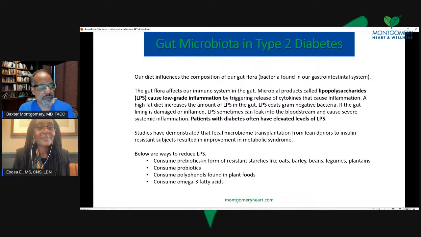You can consume prebiotics, probiotics, polyphenols in plant foods, and omega-3 fatty acids. And guess what? We can give you omega-3 fatty acids, but they're natural foods. Raw plants and seeds have omega-3 fatty acids. Raw plants are probiotics. I hate to sound like a broken record, but when you eat raw plant-based foods, they're adequate probiotics and prebiotics.